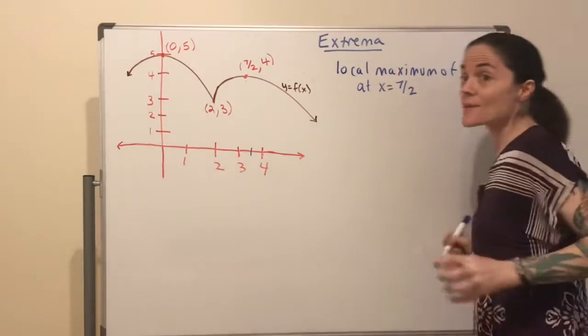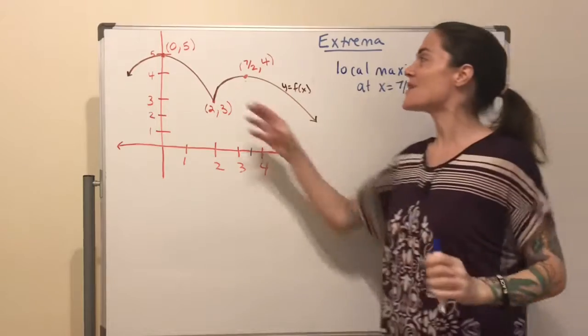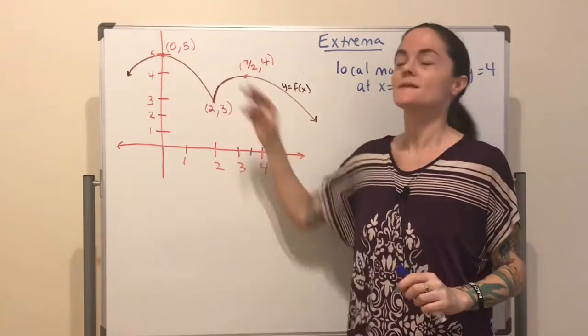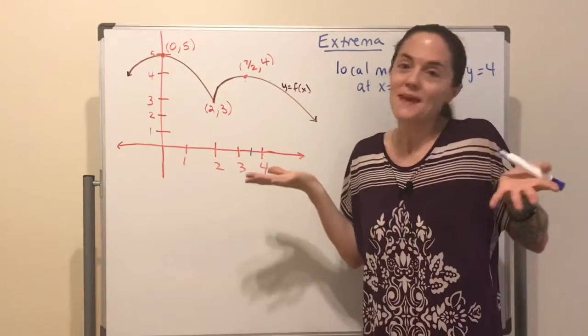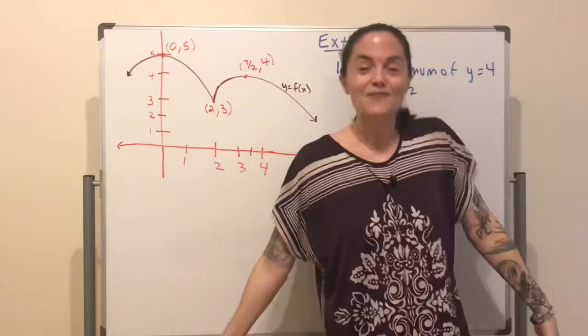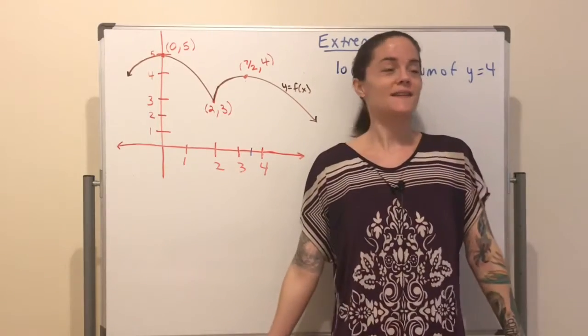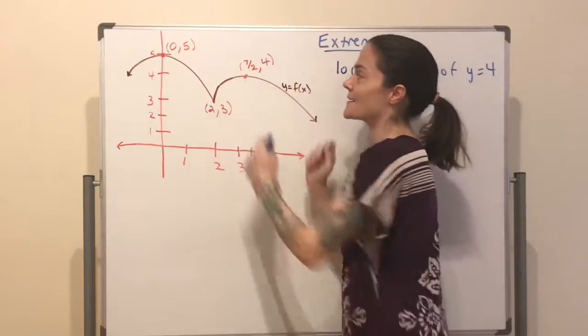And I started with this one just to point out this is a local max, even though clearly 4 is less than 5, right? To be a local max, it doesn't mean that you're the highest y value overall, just right around that point. It's the highest y value that you see. Okay, we see that here.